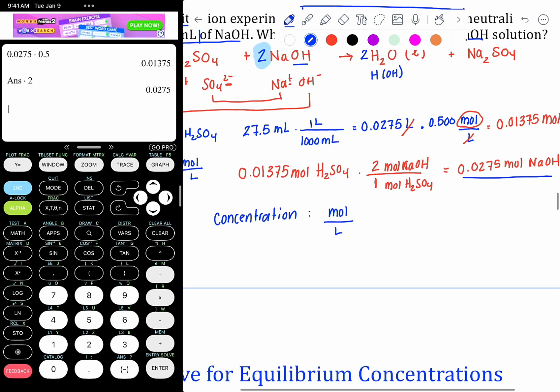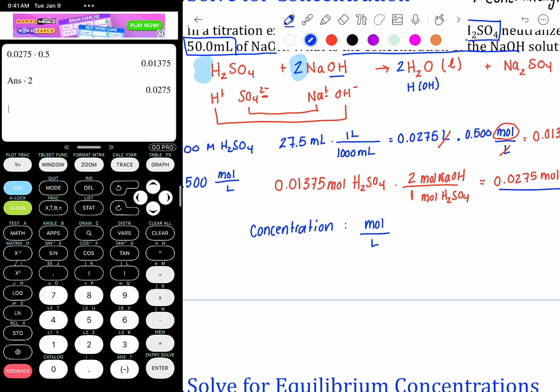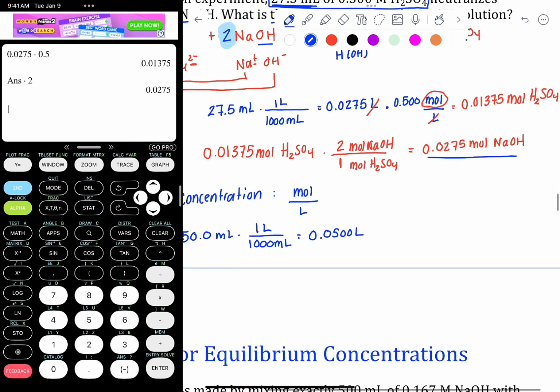So before we do that, we need to take that 50 milliliters and convert it to liters. So we can get 0.050. And then to find our concentration, we're going to take 0.0275 moles, divide it by our volume, 0.0500 liters.